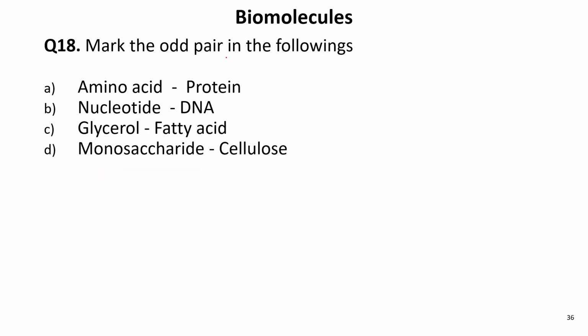Next question. Mark the odd pair of the following. Amino acids form the protein. Nucleotides are the units used to form the DNA molecule. Correct? Glycerol and fatty acids are used to form fats. Monosaccharides are used to form cellulose.